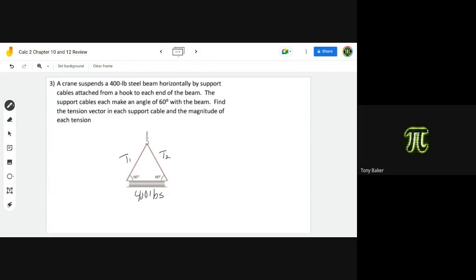So T1, how much are we pulling? So there's my angle. And I know that's 60 degrees.